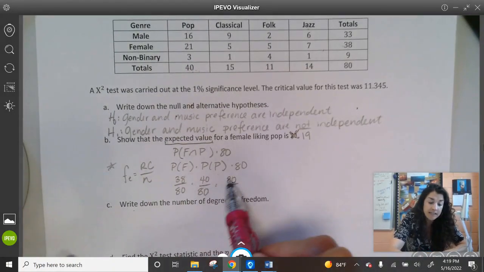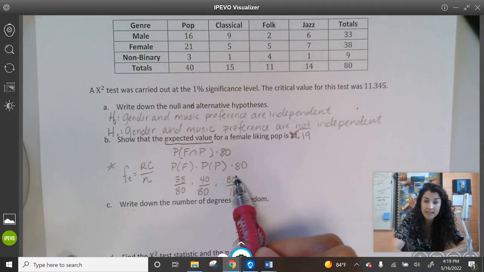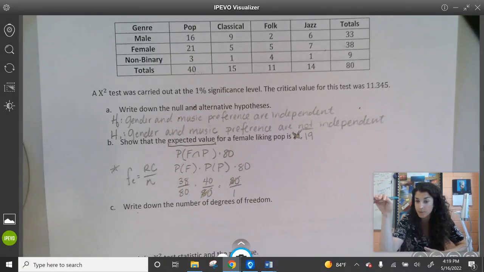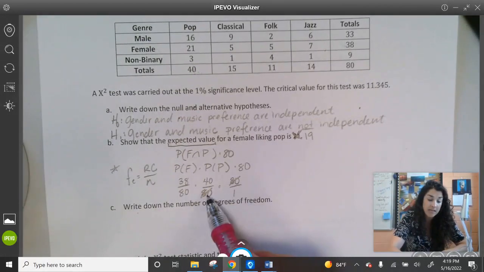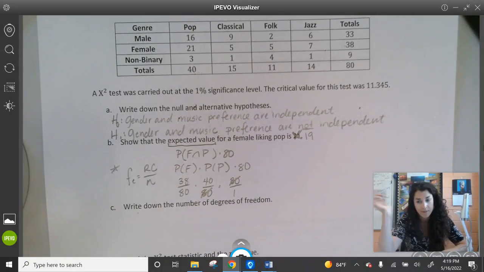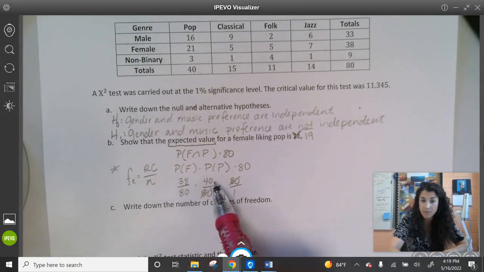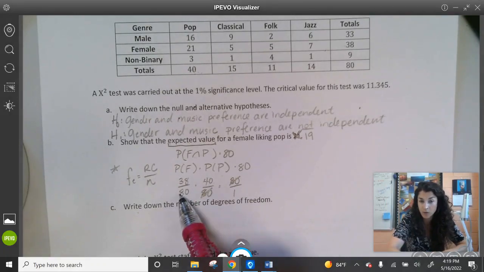Notice if I simplify this multiplication, I can cancel out one of these 80s with an 80 down below because they're all being multiplied up top and they're all being multiplied down below. And since fractions are just division, they undo multiplications. So if I have an 80 up top and an 80 down below, I can just cancel them out. Notice that what I'm left with is the row total times the column total divided by the total total.